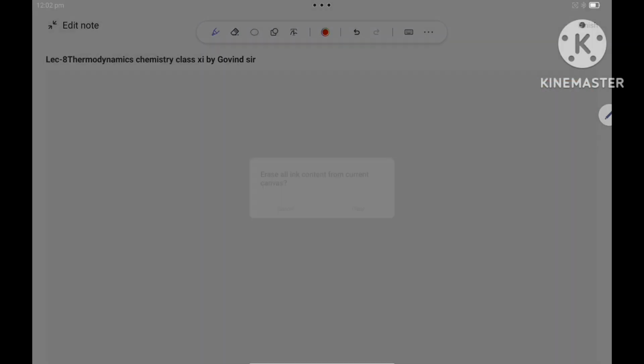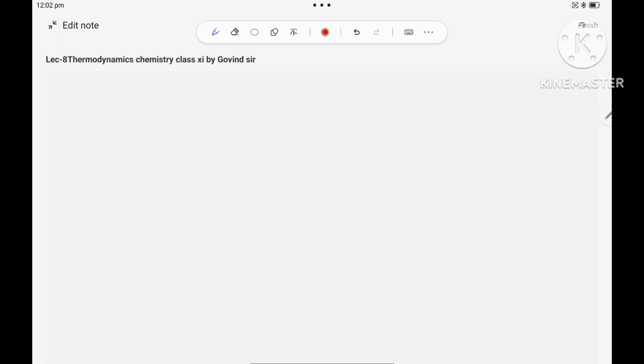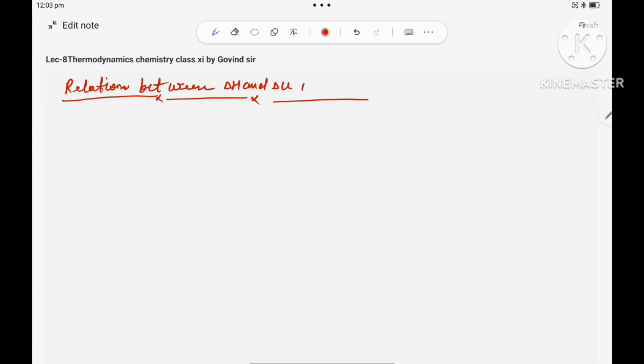Now suppose a relation between delta H and delta U in chemical reactions in gaseous state.